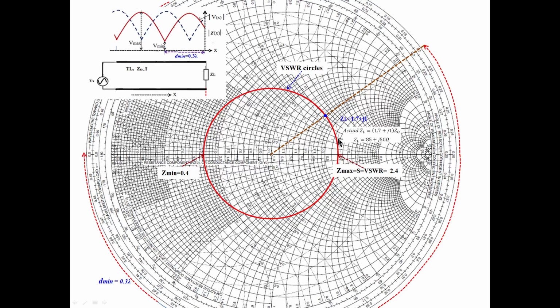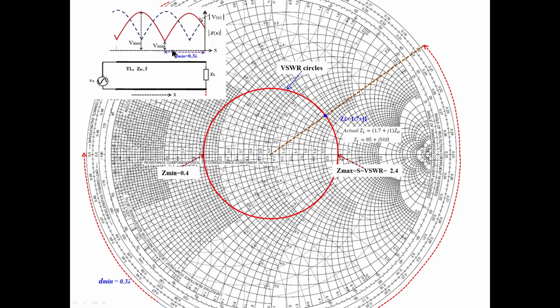Okay. So next, what do we have to do? We know this is the Z maxima position, and this is the Z minima position on the VSWR circle. What they have given is the distance of the minima from the load. So we are here at the minima position. Next, from here you move a distance of 0.3 lambda towards the load.